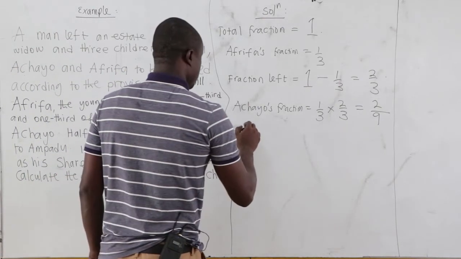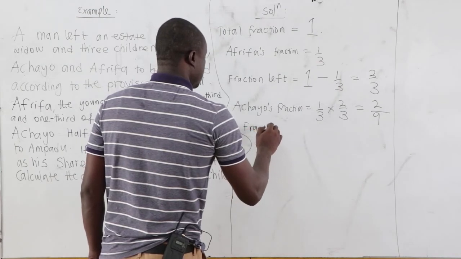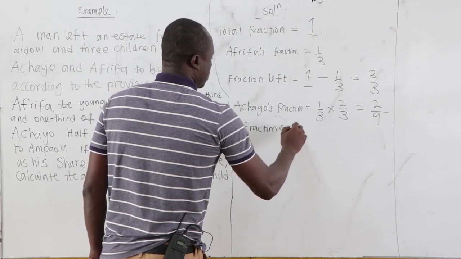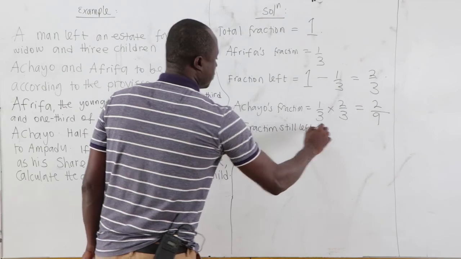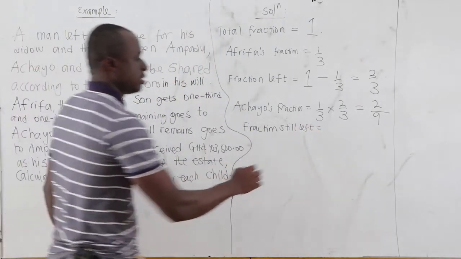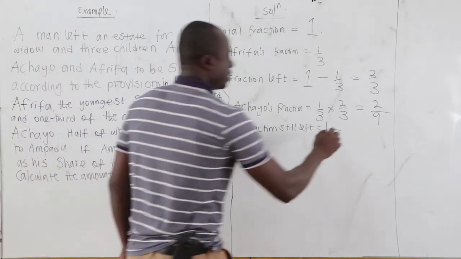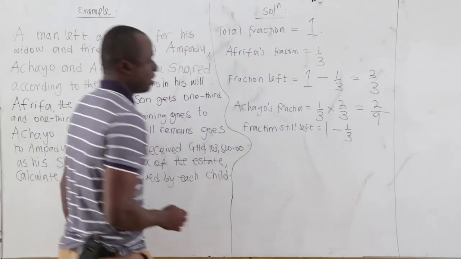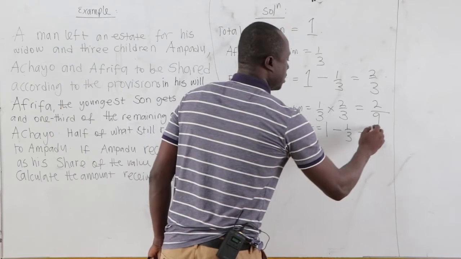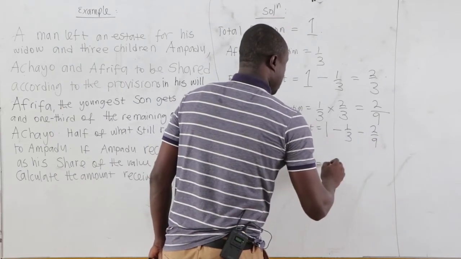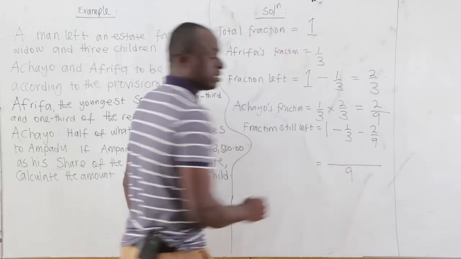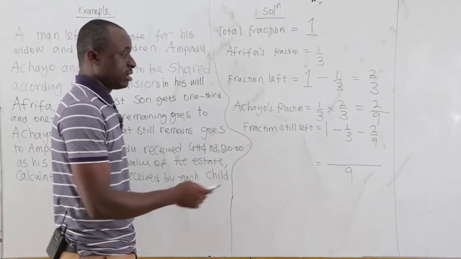So fraction still left. Now the total fraction is 1. Now 1 over 3 was given to Afrifa, so let's take it out. And then Achayo also had 2 over 9. Now let's find the LCM. The LCM is 9. 3 and 9, 1, 2.